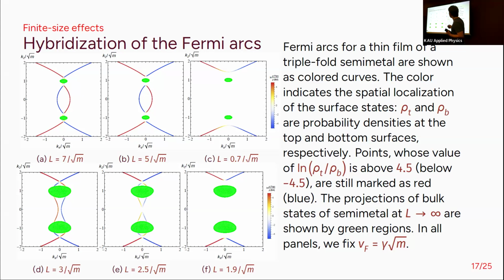From this we can see that Fermi arcs in the region Kz from -1 to 1 have two intersections, top and bottom, and for energies above gamma m over 2, there are no intersections, and the evolution is as follows.